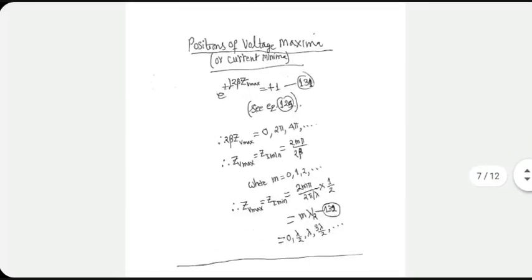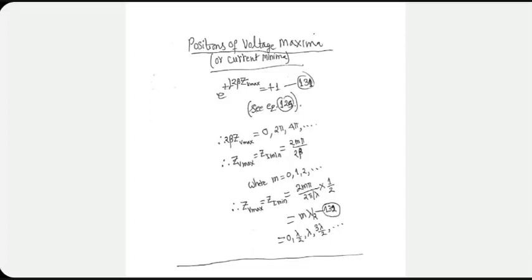Now, how about the locations? Let us investigate a little bit more in detail. For voltage maxima, e to the power j2 beta z should be plus 1, and I'm denoting that particular solution as ZV max. That means 2 beta ZV max should be either 0 or 2 pi or 4 pi and so on.